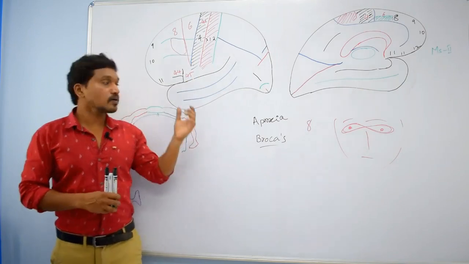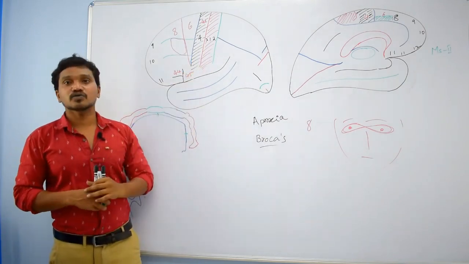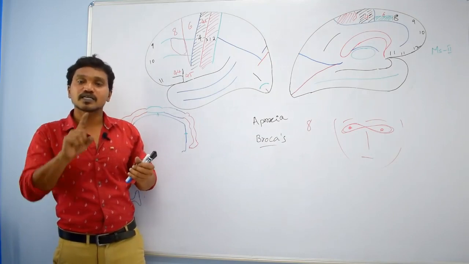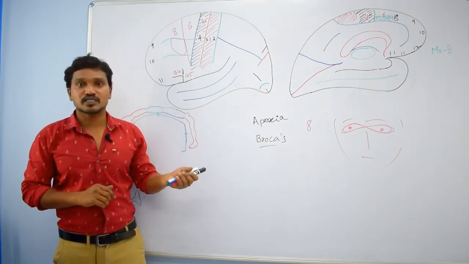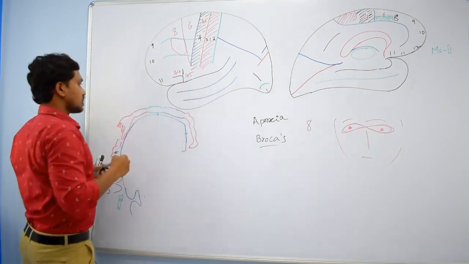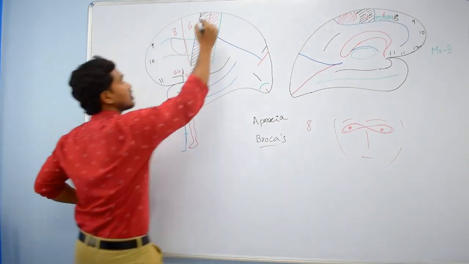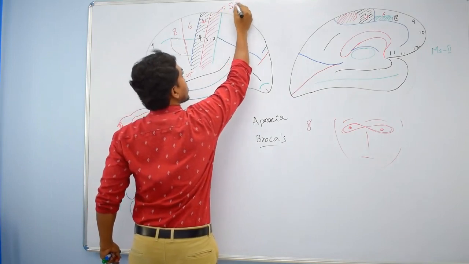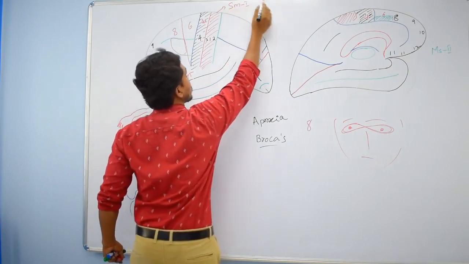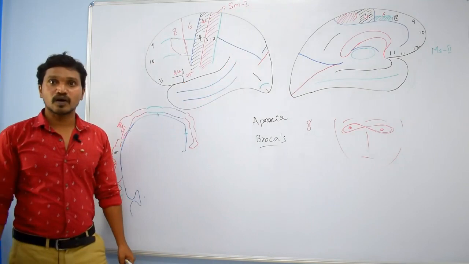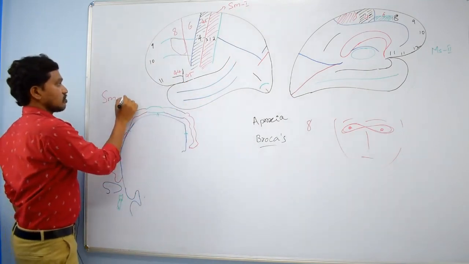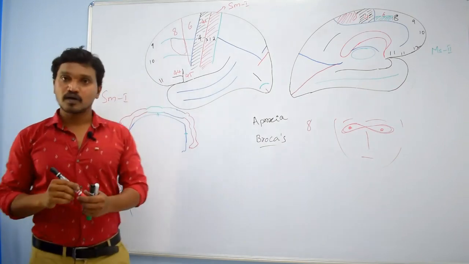Clear? So, in this area also there is overlapping of sensory and motor, but it is predominantly sensory. That's why this region we can call SM1, capital S, small m 1, right?